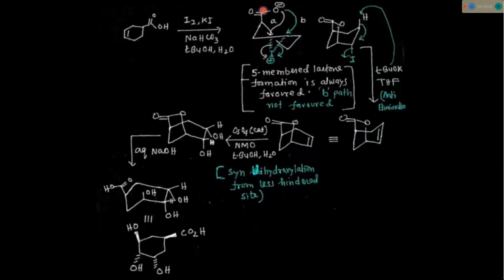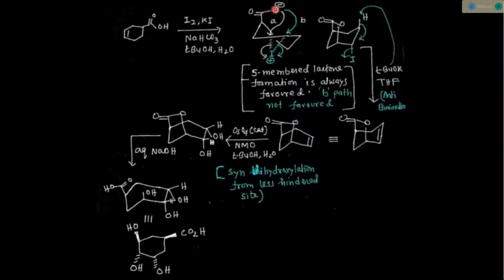Now sodium bicarbonate we use, so it abstracts this hydrogen from the carboxylic acid. Now there are two options. If this carboxylate anion attacks this carbon or this carbon, means path A and path B, there are two paths. If it attacks via path A, then there is formation of a 5-membered lactone.